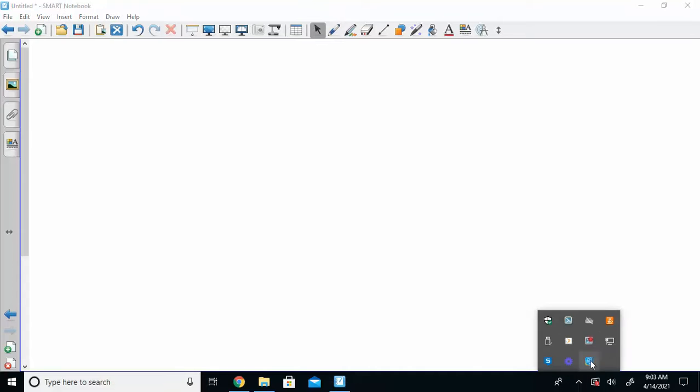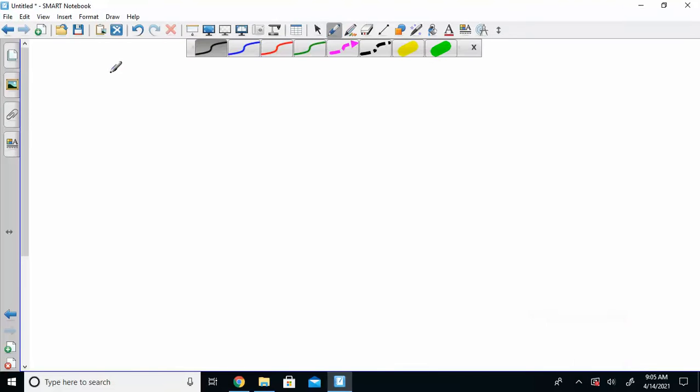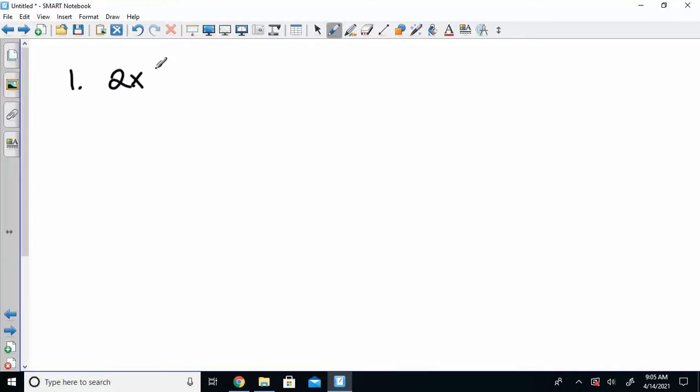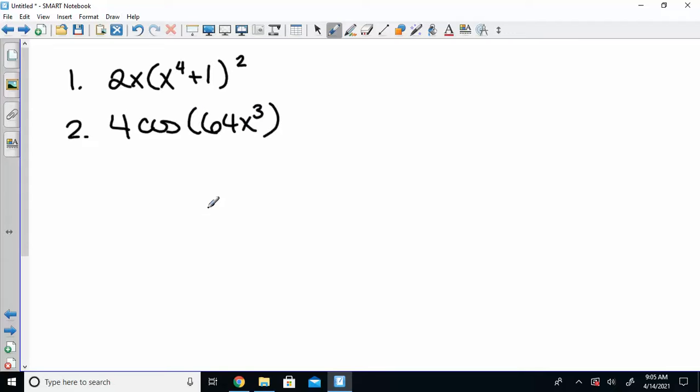Let's make a list of your questions. So number 1, the derivative of that should be 2x times x to the 4th plus 1 squared. Number 2 should be 4 cosine of 64x cubed. We okay with both of those? Do I need to discuss them?